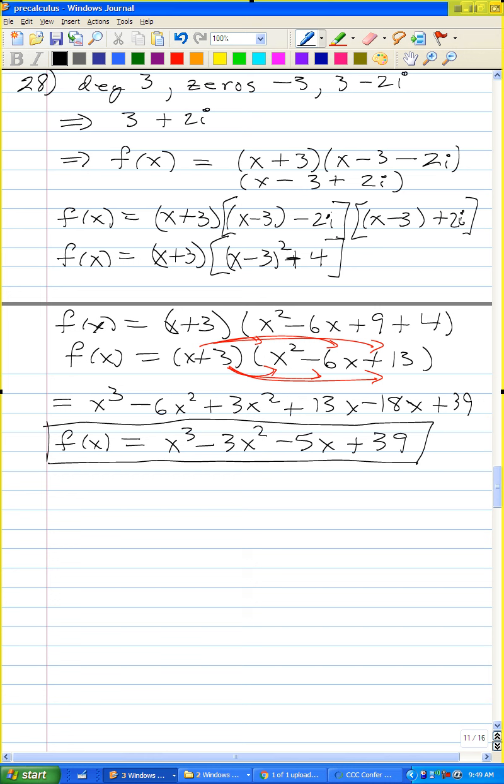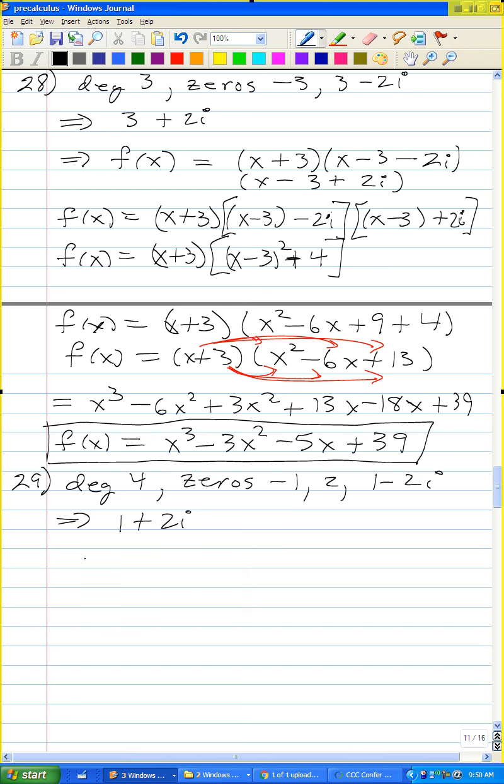Okay, let me do problem 29. The degree is 4, and the zeros are negative 1, 2, and 1 minus 2i. Well, if 1 minus 2i is a root, so is 1 plus 2i.